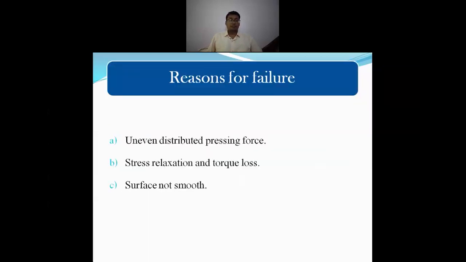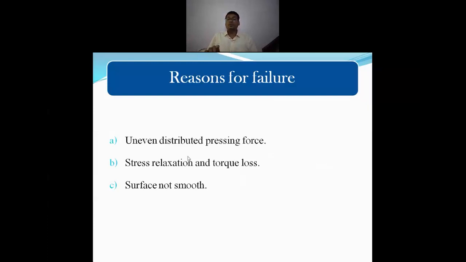Then reasons for failure. Unevenly distributed pressing force is one important thing. That means when tightening the bolts, each bolt is to be tightened to a particular force. One round, then the load is increased for the second round, then increased again for the third round, and then the final tightening is made.